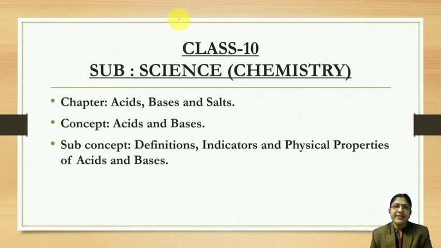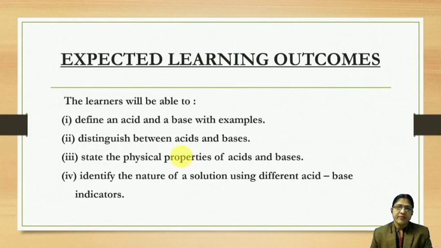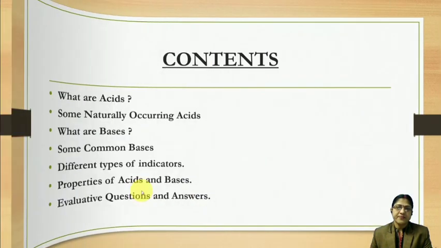Today we will study class 10, subject science, chapter acids, bases and salts, concept acids and bases, sub-concept definitions of acids and bases, indicators and physical properties of acids and bases. By the end of this session, the learners will be able to define an acid and a base with examples, distinguish between acids and bases, state the physical properties of acids and bases, and identify the nature of a solution using different acid-base indicators.